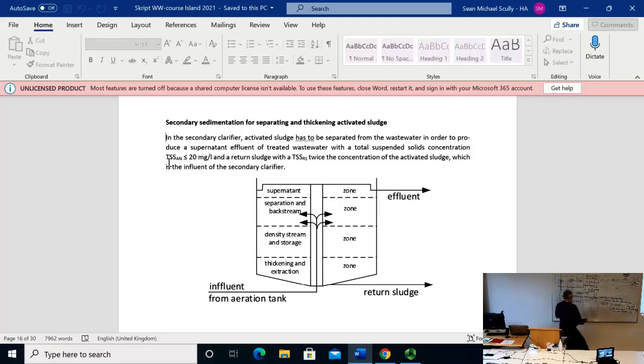Okay, and the relation of QRS divided by QZB, that is what we call the return ratio. In German, Returnverhältnis, for that it's RV. So when we introduce that, then we have this is 1 divided by RV plus 1 times CTSRS.